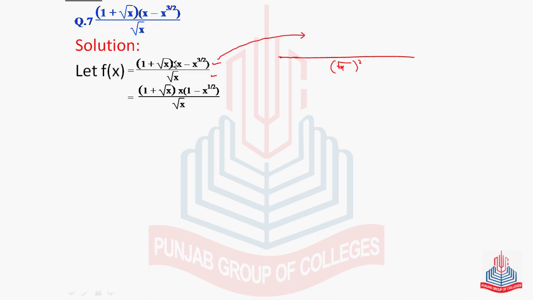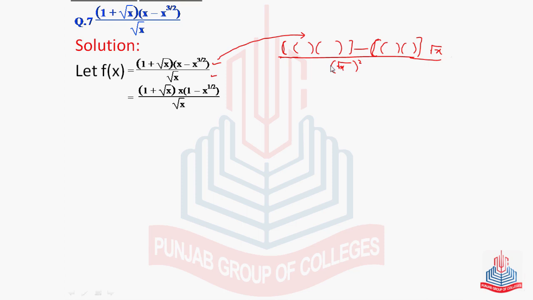Then minus this f of x, which is in the form of product of two terms, and applying derivative of denominator which is square root of x. So this will become more complicated.